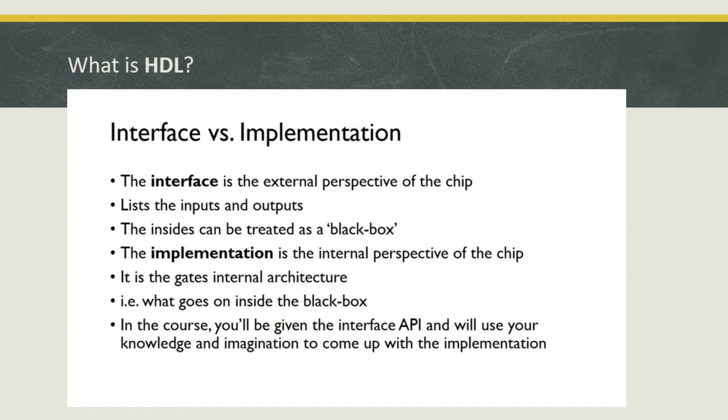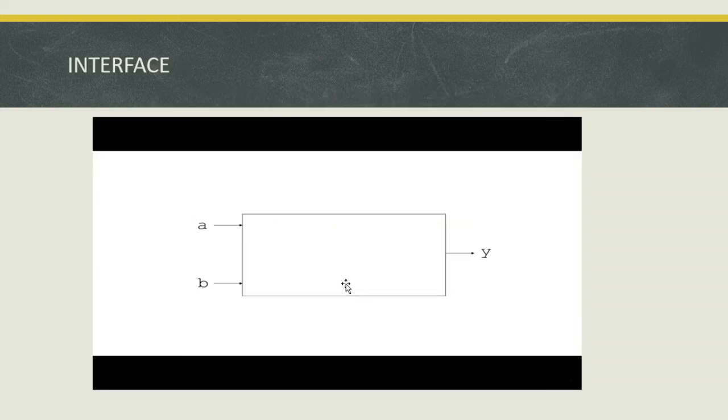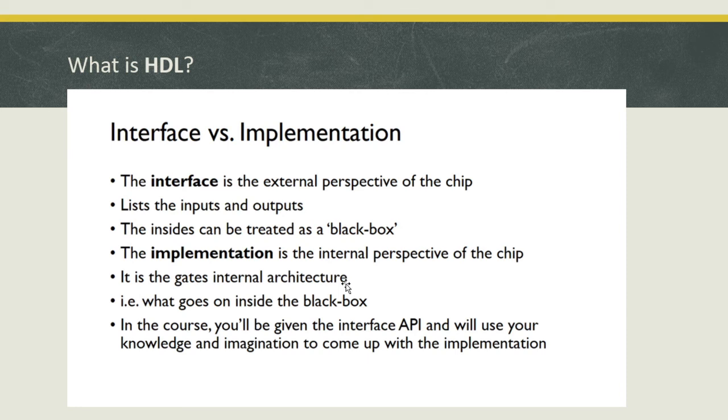Now, to better understand interface versus implementation, let's look at this circuit. This is just an interface because what we see, as described earlier, just gives the lists of inputs and outputs.